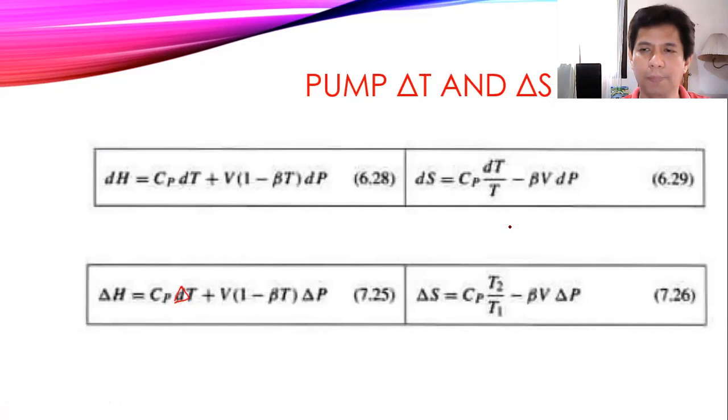And also in pump problems in thermodynamics, you're also required to calculate delta S. So remember, you cannot use the handbook for pump because the data for subcooled liquid and subcooled water is not available on the steam table. So that's why you need to resort to this equation. Actually, you can find this equation on the handbook, ano, on chapter 4 of the 8th edition.